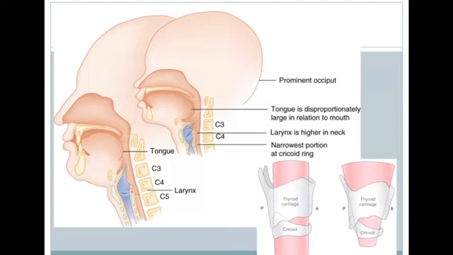In other words, they cannot breathe through their mouth because of the crowded airway in the oral cavity. So they are termed obligate nasal breathers. They can only breathe through the nose at this age, maybe up until a few months of age.